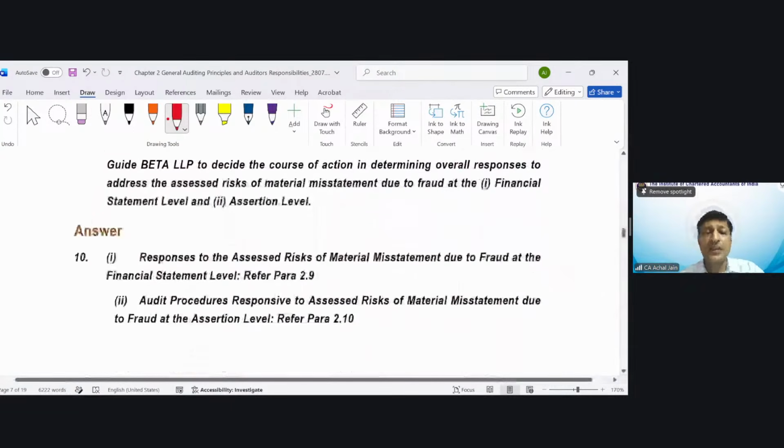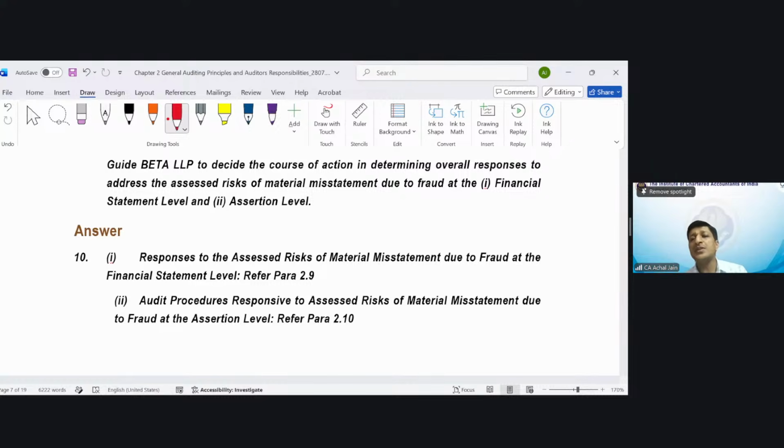Okay, now in this case, guide Beta LLP to decide the course of action in determining the overall responses to address the risk of material misstatement due to fraud at the financial statement level and assertion level. Now in this case, what do you do? You will get into the detailed assessment. At the time of your detailed assessment, you will evaluate what the factors are.